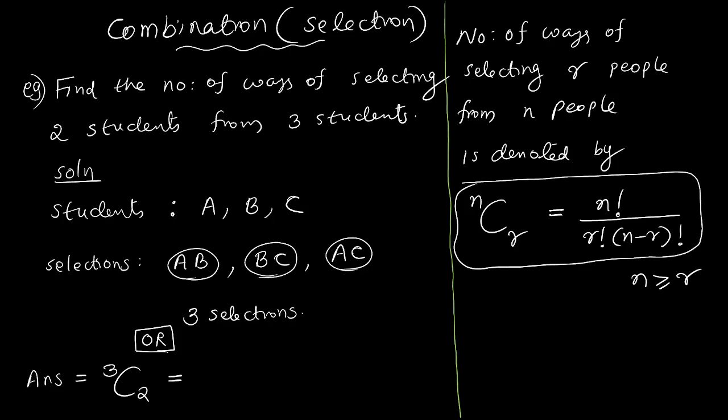So n factorial by r factorial into n minus r factorial. 3 factorial, 3 into 2 into 1, 6. 2 factorial is 2 into 1. 1 factorial is 1. I get the same answer.